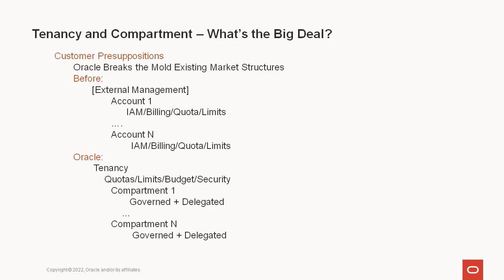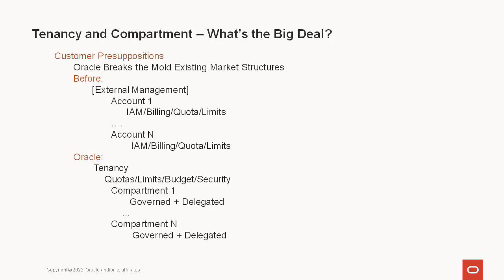What you may be familiar with is that account structure that has its IAM, its access management, its billing, its quota that you have to manage at that account level. Well, within Oracle, the tenancy has the governing authority over these compartments. So you can set your quotas, set your limits, set budgets, and also your security standards. Then each compartment inherits those policies and procedures from your tenancy automatically.